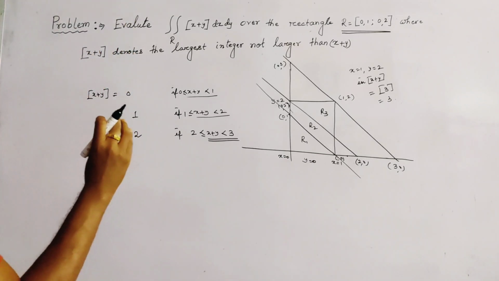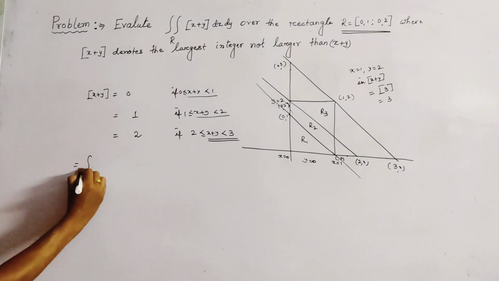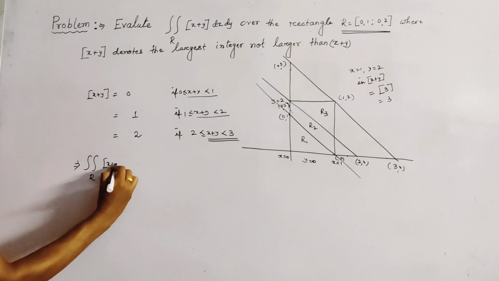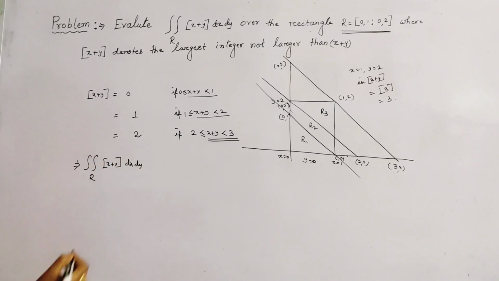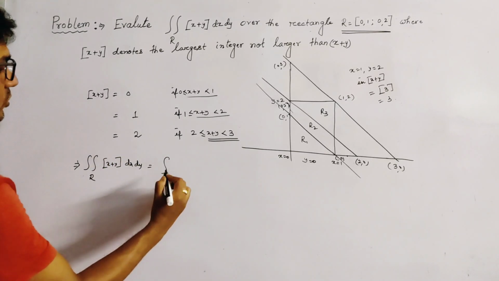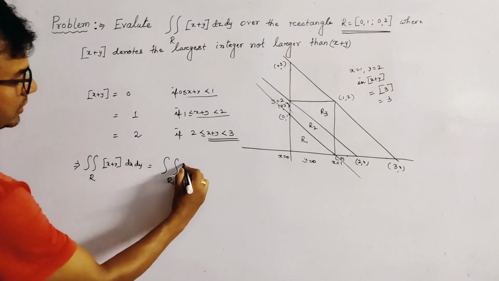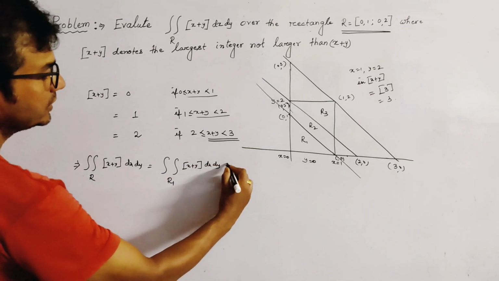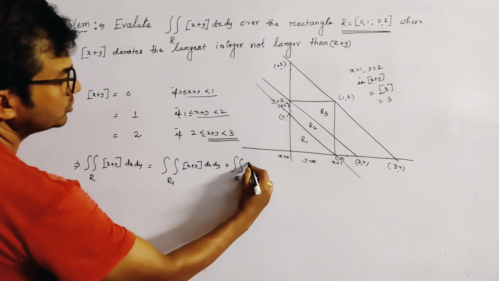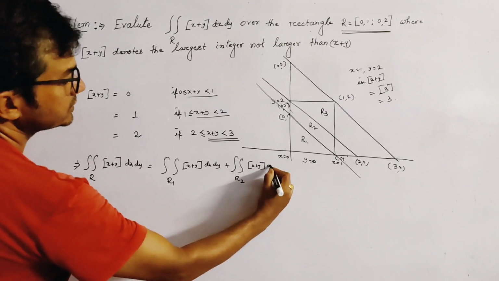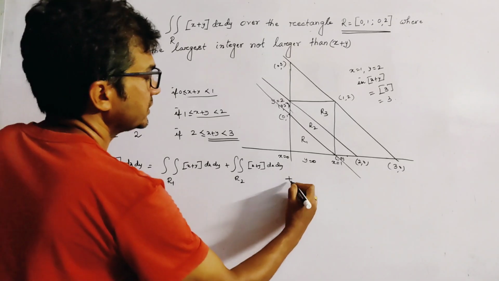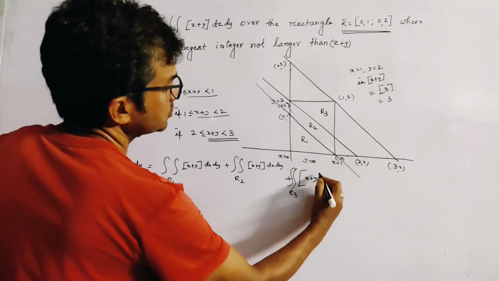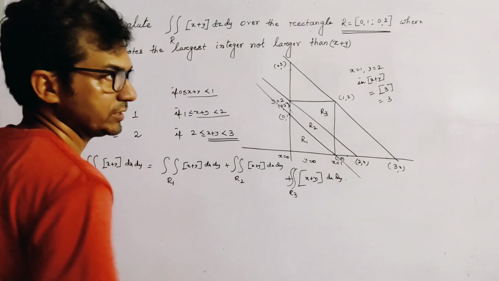Okay, now we integrate. The double integral over R of [x + y] dx dy is equal to the double integral over R1 of [x + y] dx dy, plus the double integral over R2 of [x + y] dx dy, and the third is the double integral over R3 of [x + y] dx dy, right?